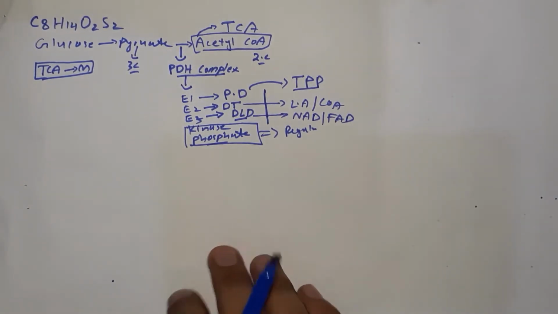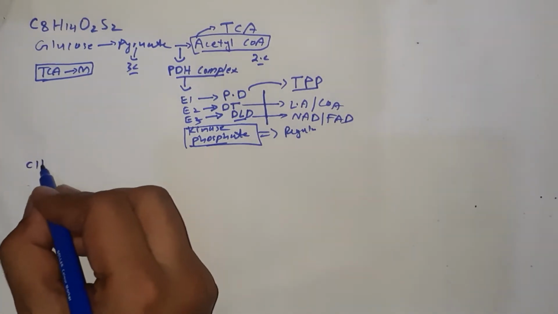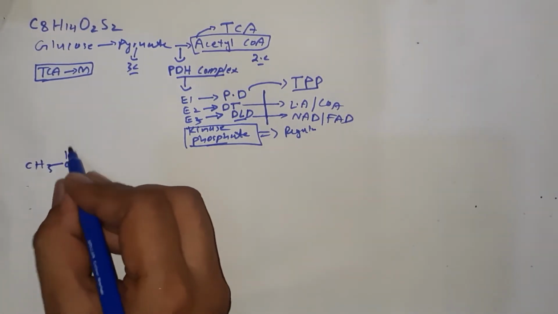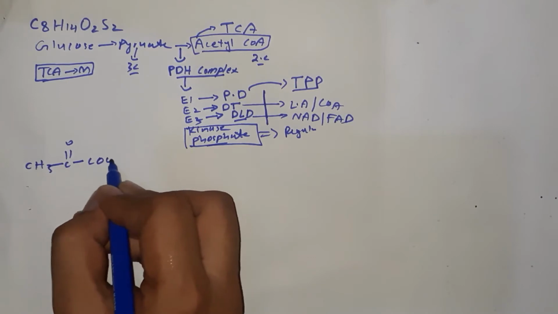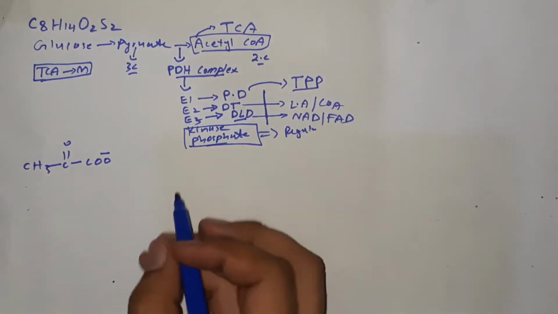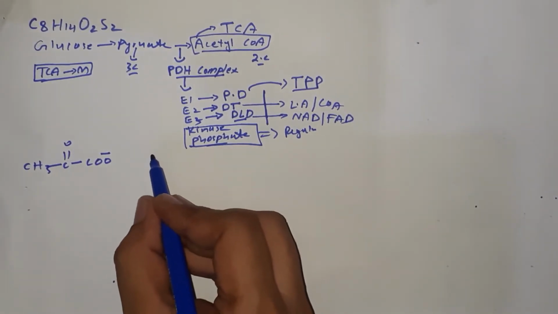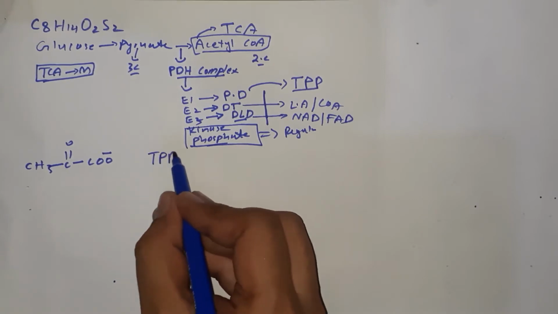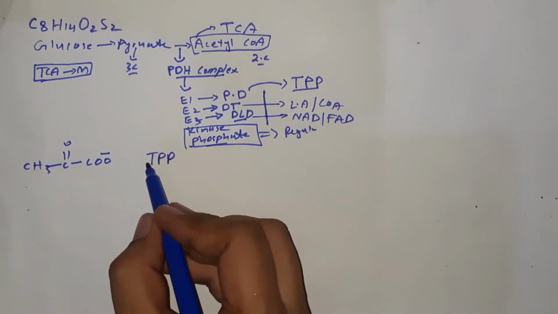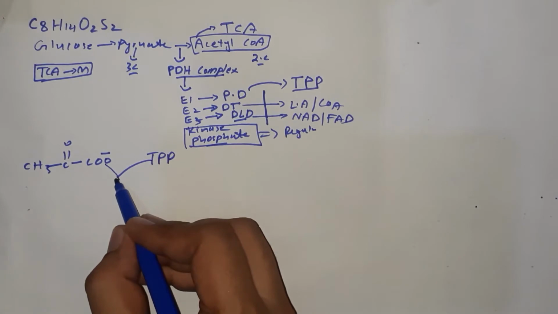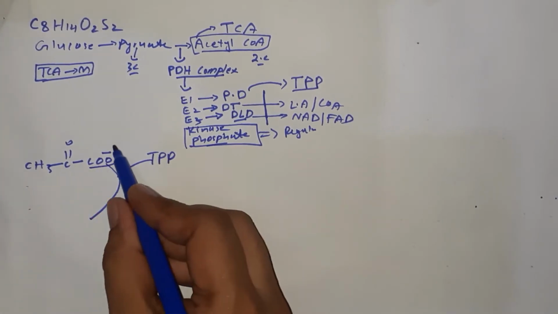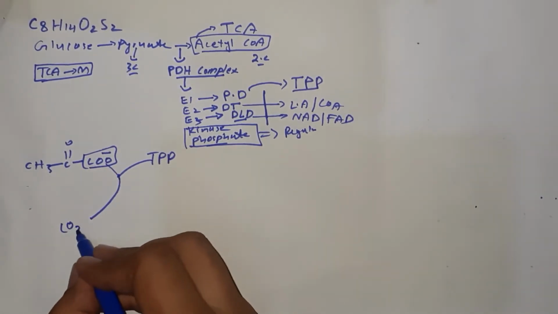So how does it work? This is pyruvate: CH3, C double bond oxygen, C double bond O negative. What happens in the first step? Thiamine pyrophosphate, which is the coenzyme of E1, combines with it, and in this step carbon dioxide is released from the pyruvate.